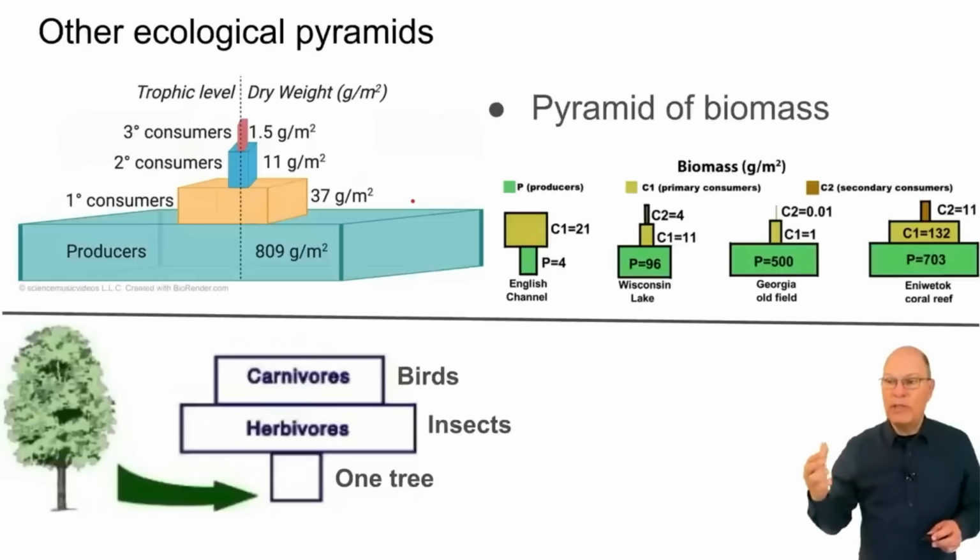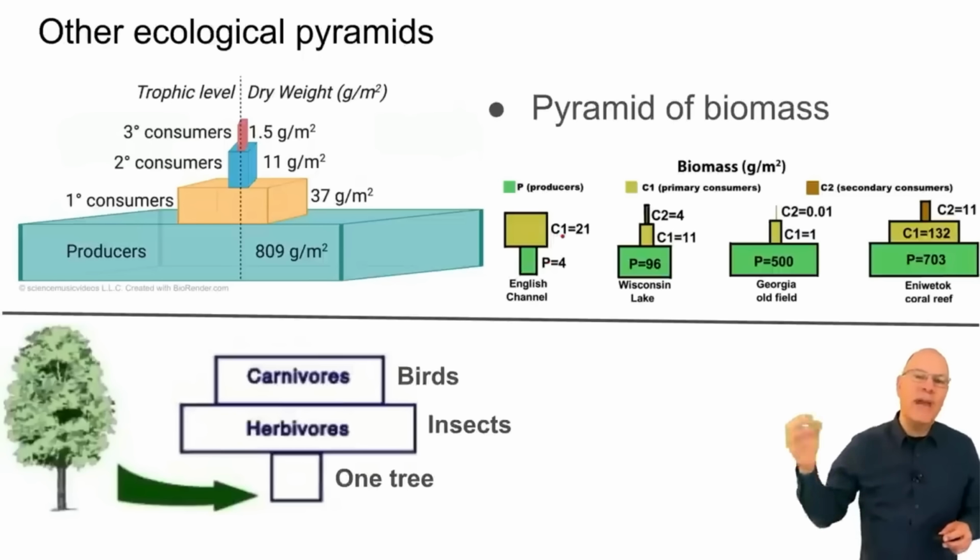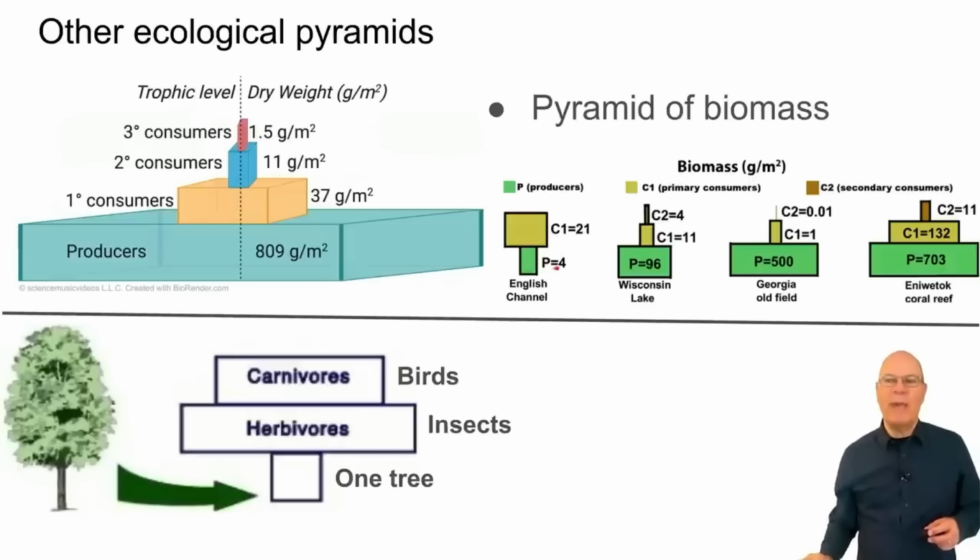Some pyramids of biomass are indeed like pyramids, but there are others, like this one that's been famously studied in the English Channel, that are not. And if that seems counterintuitive, the basic idea is that the producers grow at an enormous rate and they're consumed by the consumers. So if you measure at any one moment, the standing biomass of the producers can be less than that of the consumers.